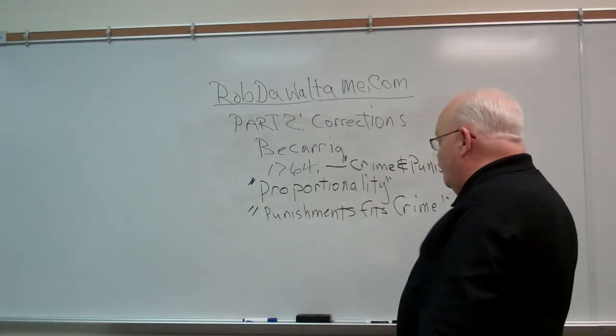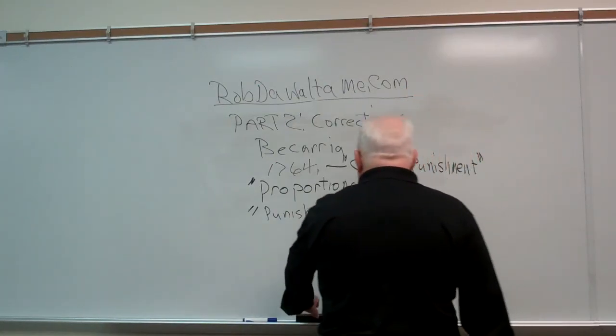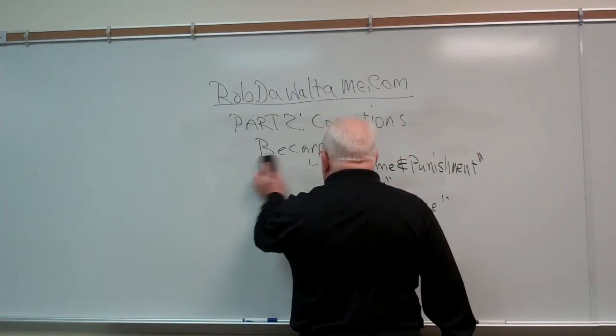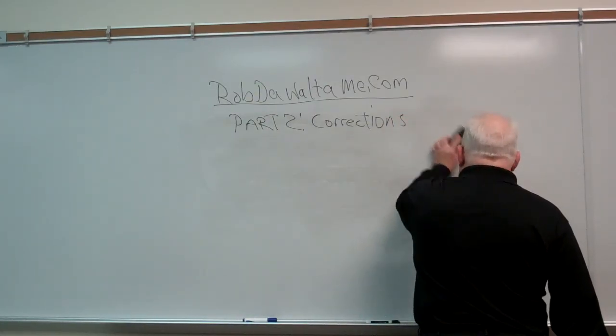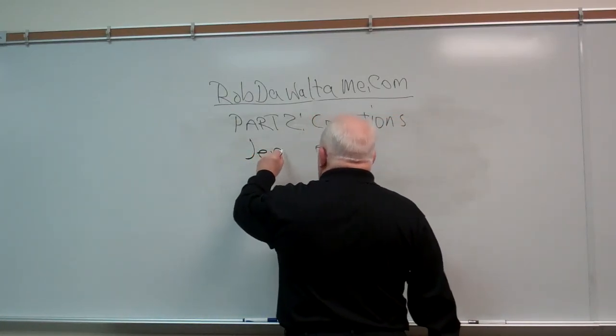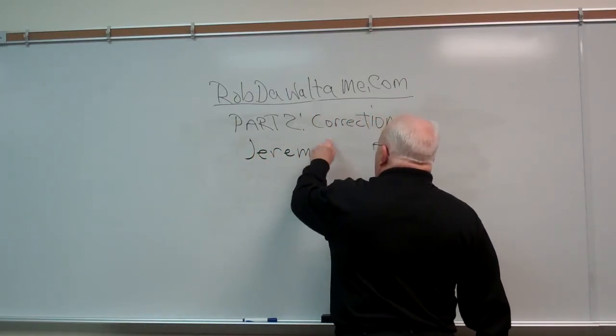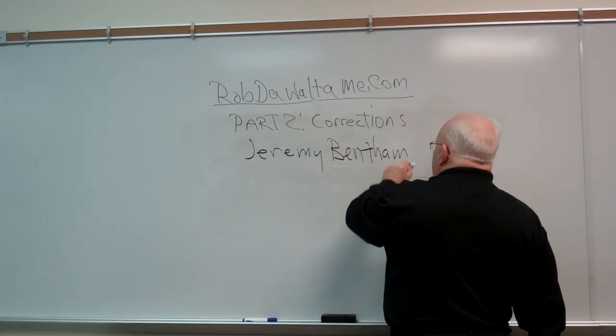There's another great person, and PowerPoints again are just a short introductory overview of what we're going to be looking at. But there's another guy that's very instrumental in the thinking on crime and corrections. The guy's name is Jeremy Bentham. Jeremy was also living in this time period.